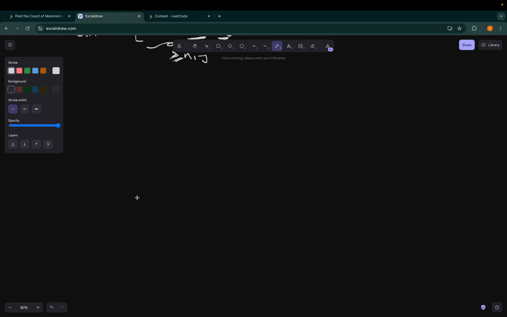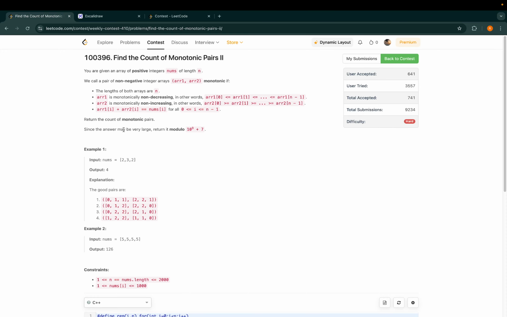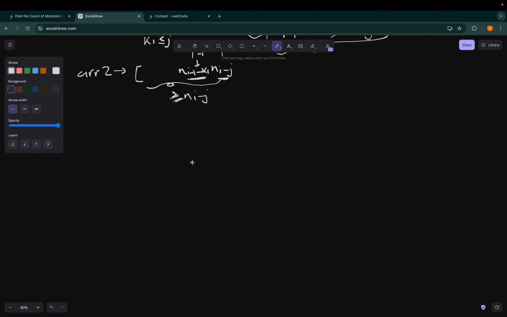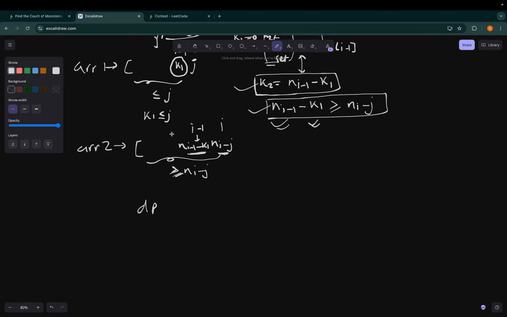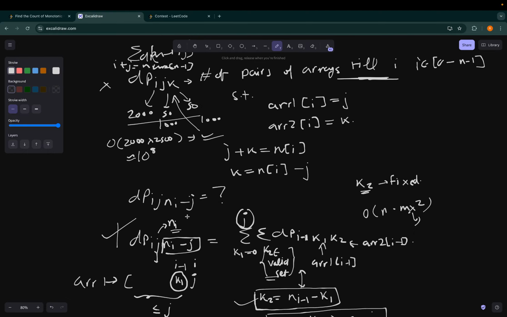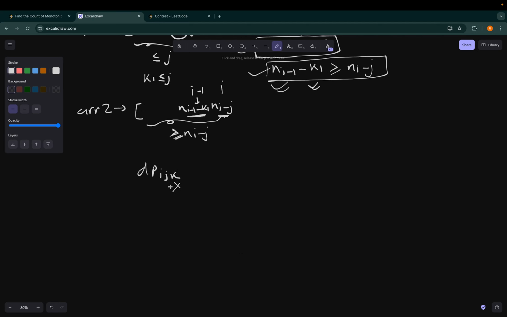So now, to optimize this, dp of i, j, k. We can get rid of this k, because we always know that it's going to be derived from k1, basically from array 1, right? So let's get rid of this guy.